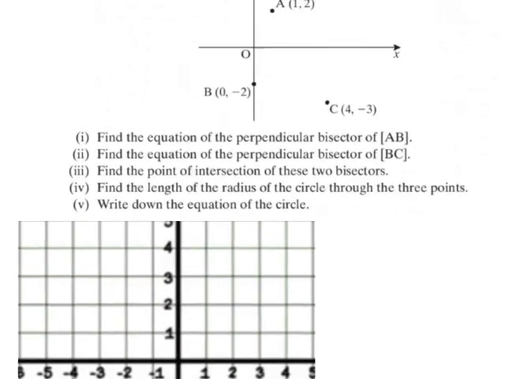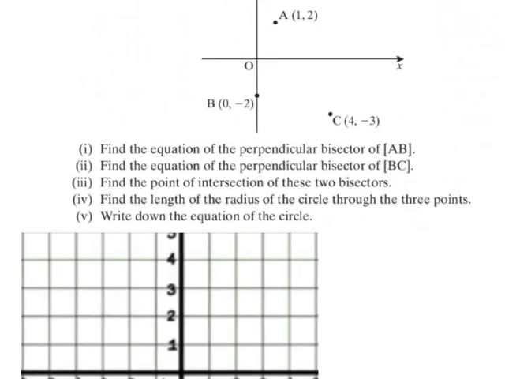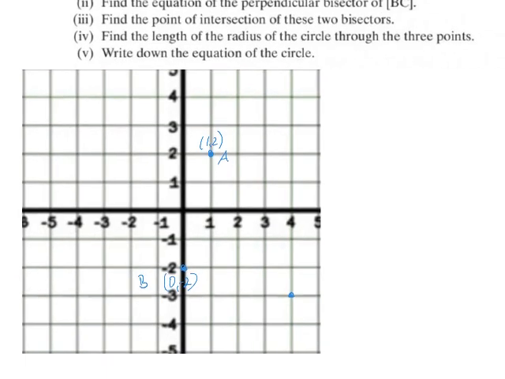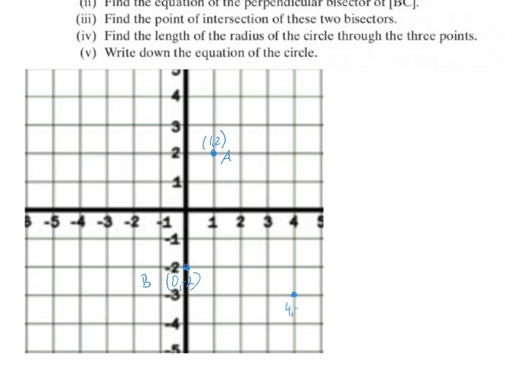The first one is 1, 2, which is A. Then we have 0, -2, which is B. And then we have 4, -3, which is C. So we have to get the equation of a circle that fits these 3 points.